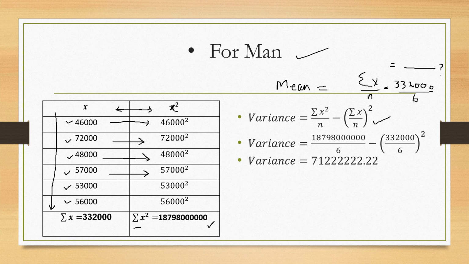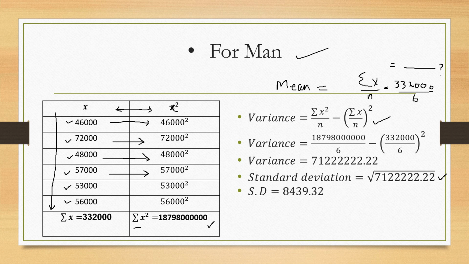This is the variance. And we know that to find the standard deviation of the data, we take the square root of the variance, and here we have the answer, 8439.32. This is the standard deviation for the men.